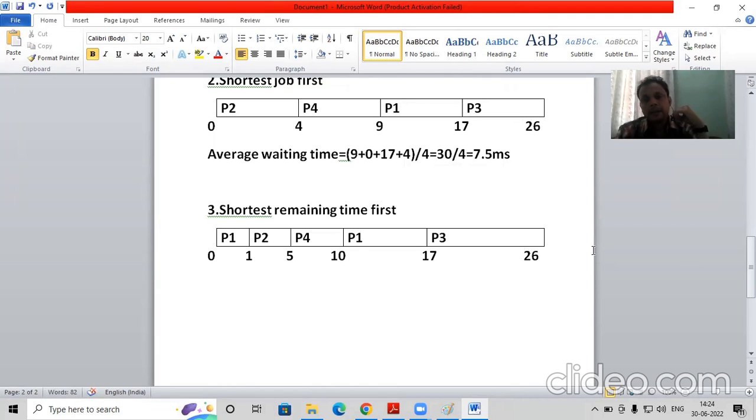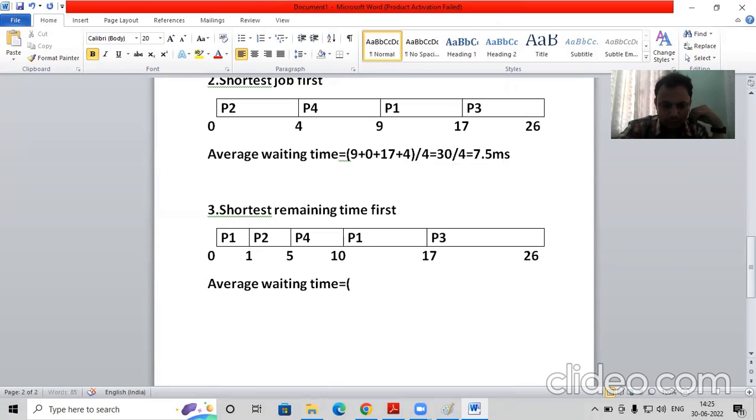Okay. So here we are finding average waiting time. Average waiting time is equal to, so for P1, here it is 10 milliseconds and 1 millisecond already executed.